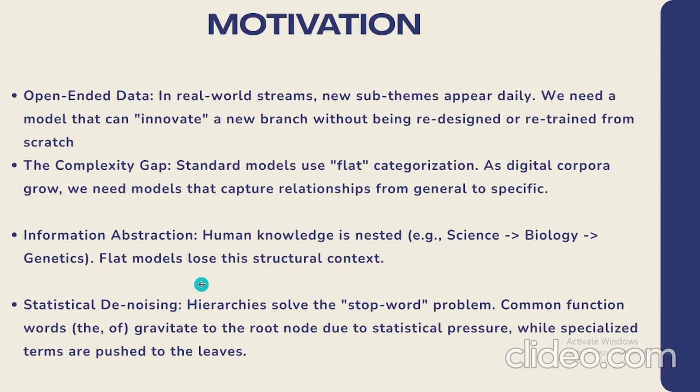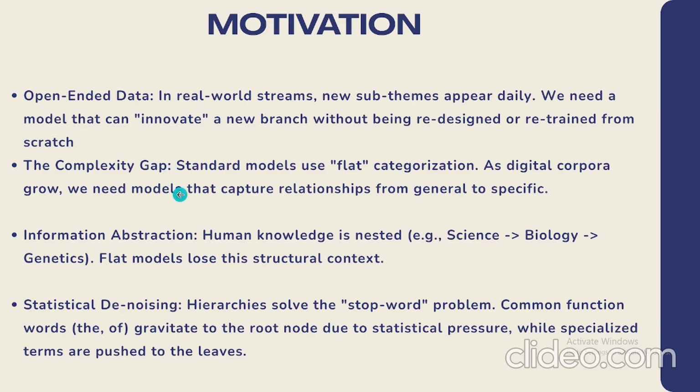Now moving ahead, let's understand the major motivation of our research paper. In the real world, we have open-ended data that is constantly evolving. We need information abstraction, which means the ability to recognize that knowledge is nested.